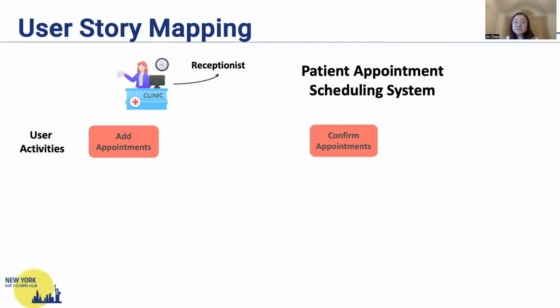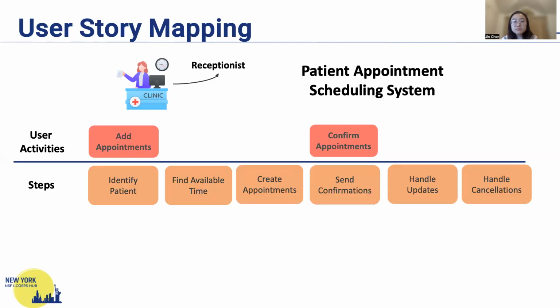Some of the key activities they need to perform include adding and confirming appointments. Then there are several steps for each activity, such as identifying the patient information, finding the available time, and creating an appointment in order to complete the process of adding the appointment for the patient.